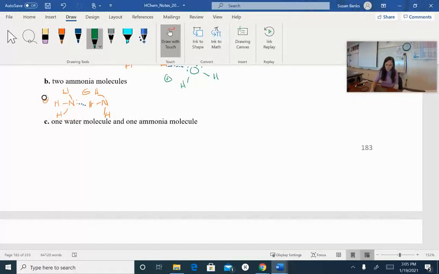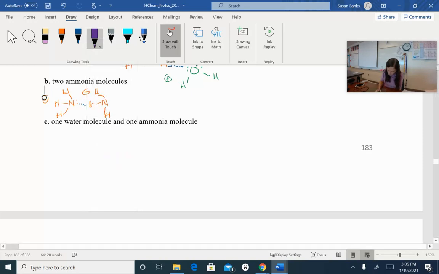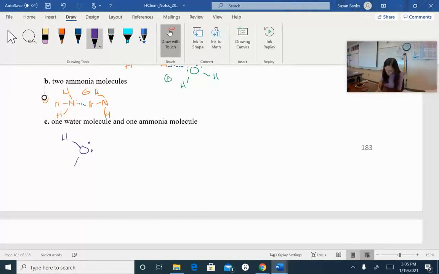Okay, there's 2 ways we can do this. We could have a water molecule. So if I draw a water molecule, if I have a negative end of the water, it could attract the hydrogen end of an ammonia, right?